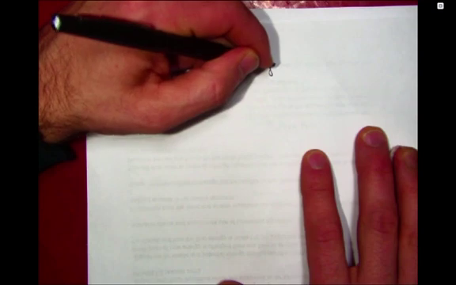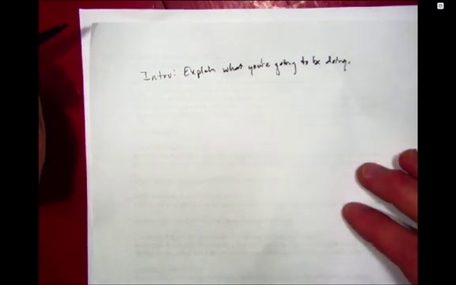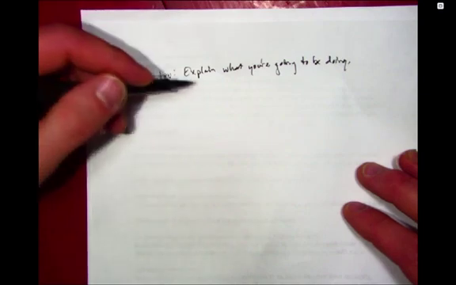And again, this is basically just to explain what you're going to be doing. You're going to do the pendulum free fall lab and say it involves these posts, a weight that's going to swing, and you're going to predict where it lands. And in doing so, you're going to be describing the forces, motion, and energy of each phase of the situation. So explain what you're going to be doing.